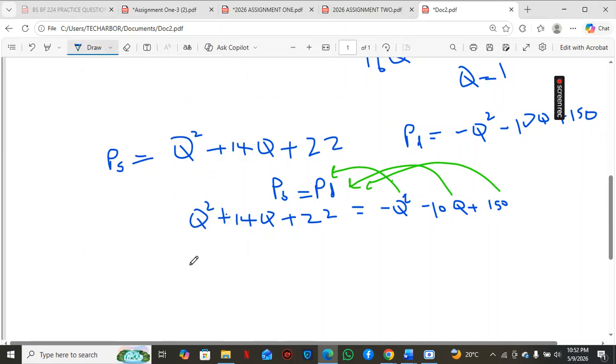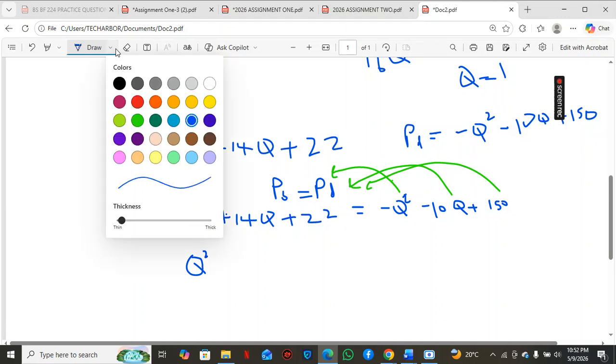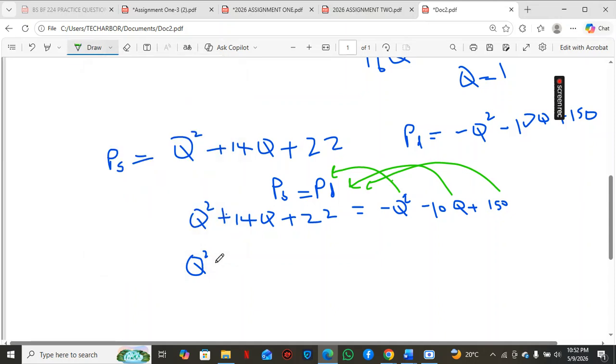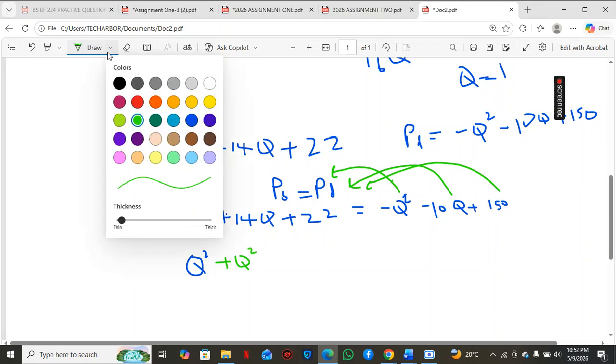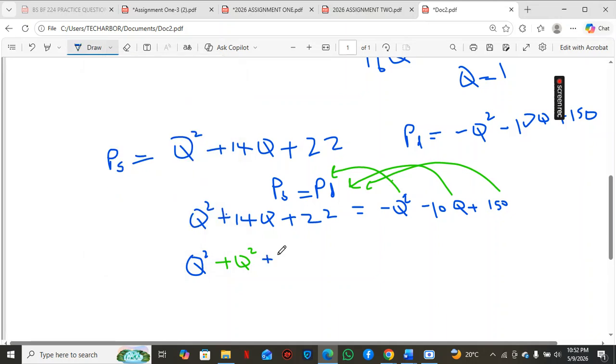So we're going to have q squared. This negative q squared, when it crosses over the equal sign, it becomes positive q squared, plus 14q.